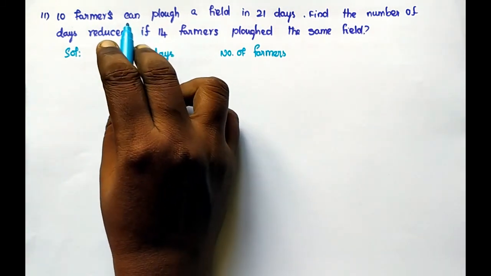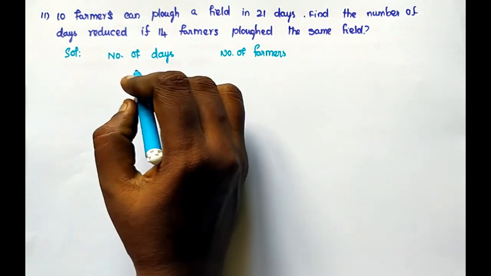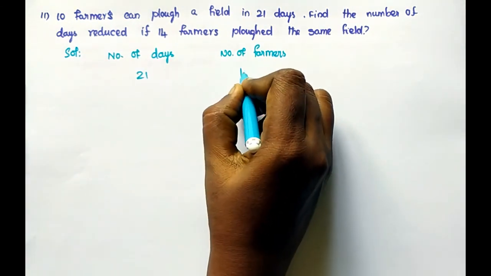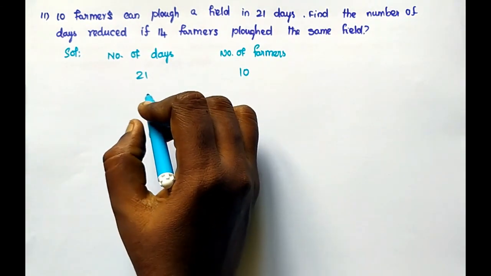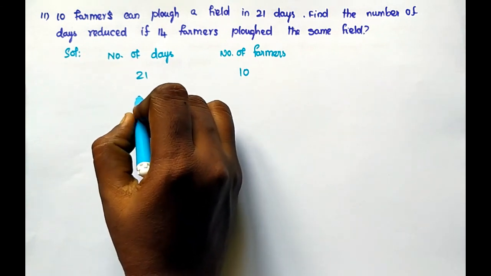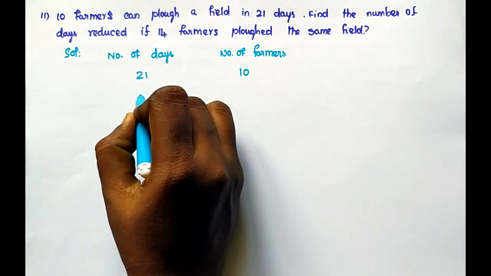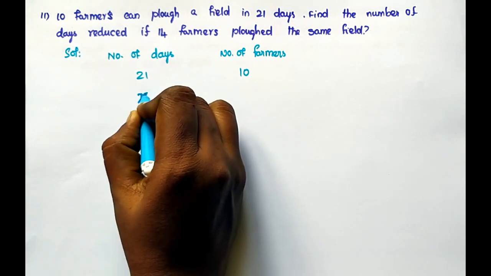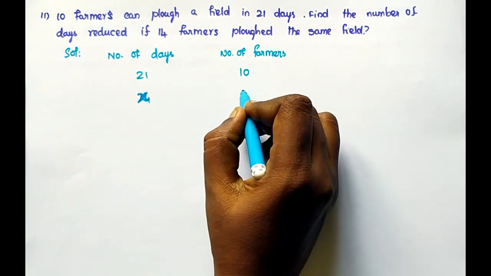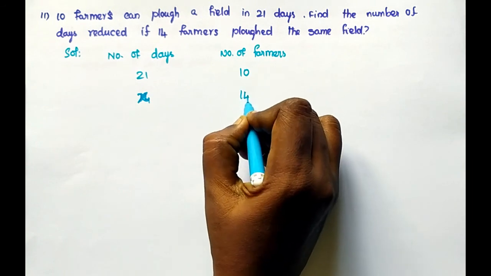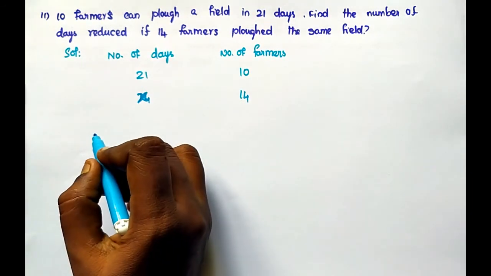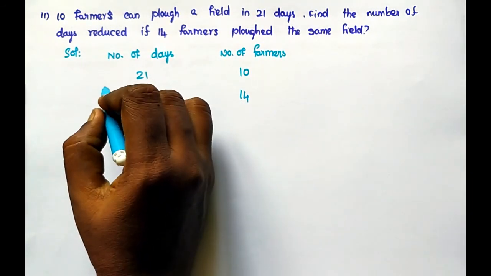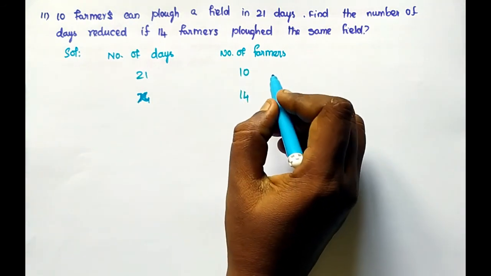Ten farmers can plough a field in 21 days. Number of days reduced, they ask, so that is x. 14 farmers. Number of days, number of farmers.